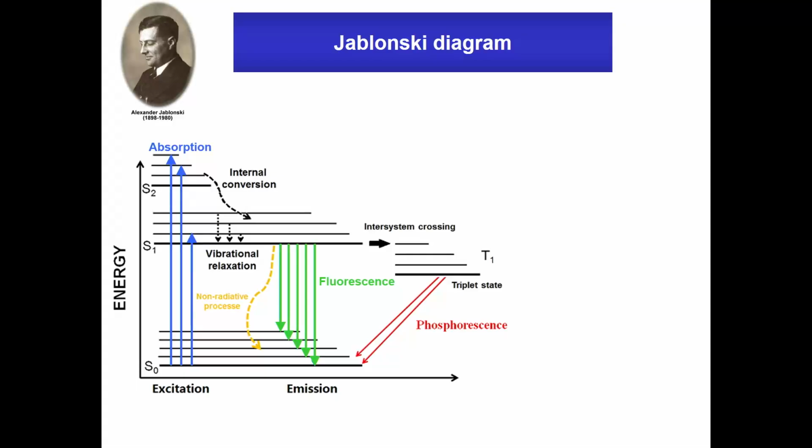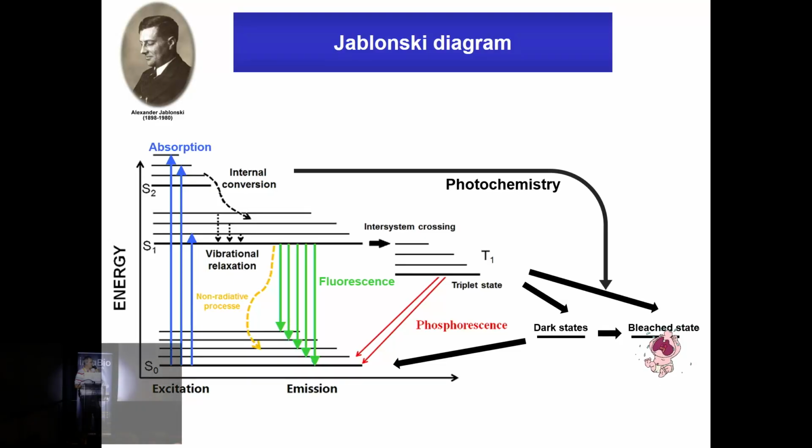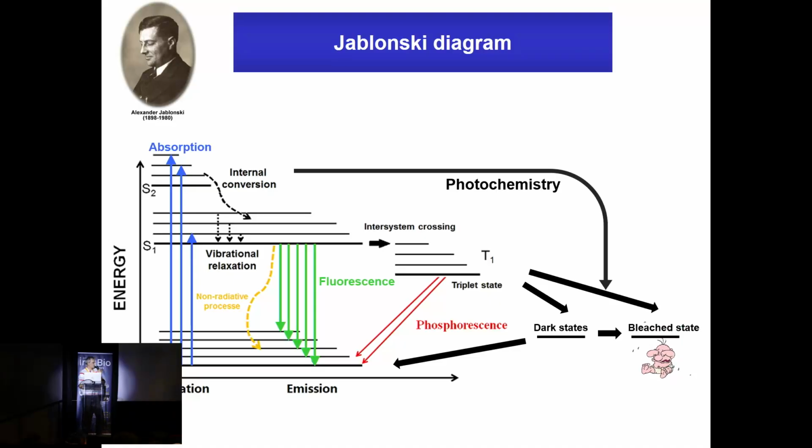The triplet state is the origin of the phosphorescence phenomenon, which is a kind of redshifted and delayed emission of light. The triplet state is also the start of further photochemistry, driving the system either to a dormant state, a kind of coma of fluorophores, eventually able to wake up, or even worse, the death of the chromophore, which is irreversible.